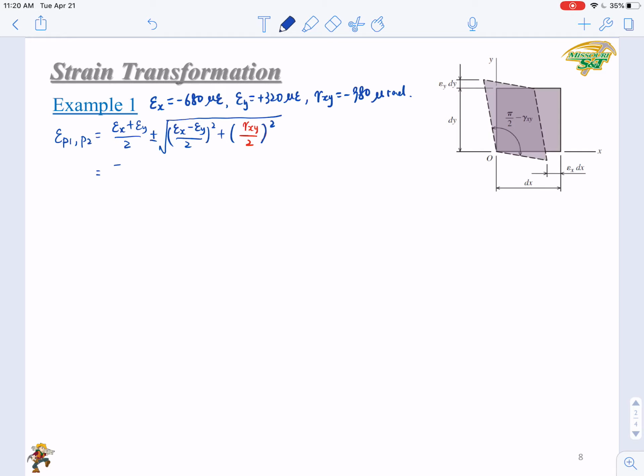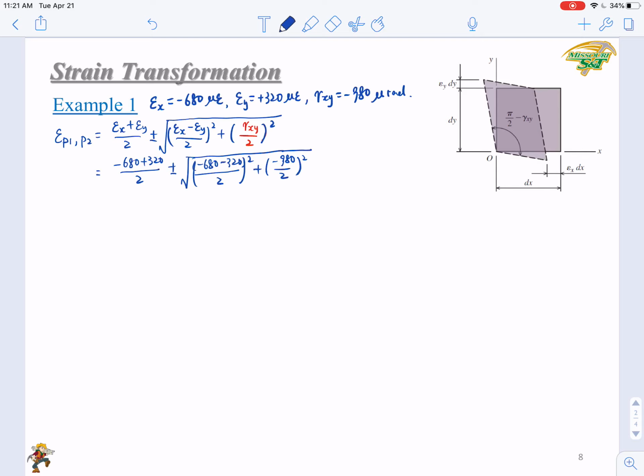That is negative 680 plus 320 over 2, plus or minus the square root of negative 680 minus 320 over 2 squared, plus negative 980 over 2 squared.